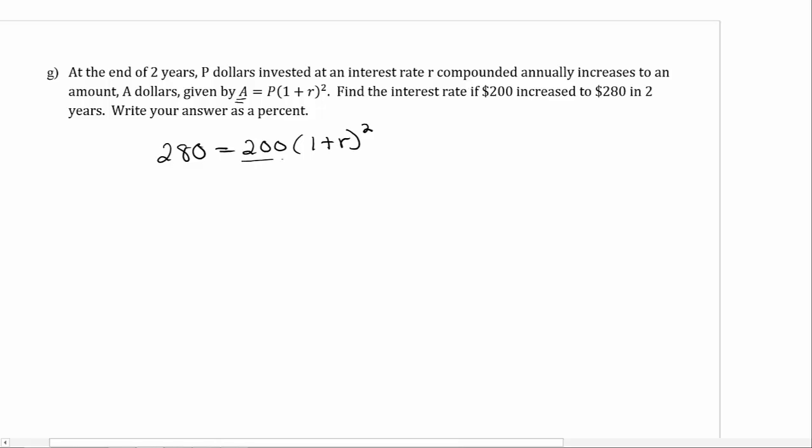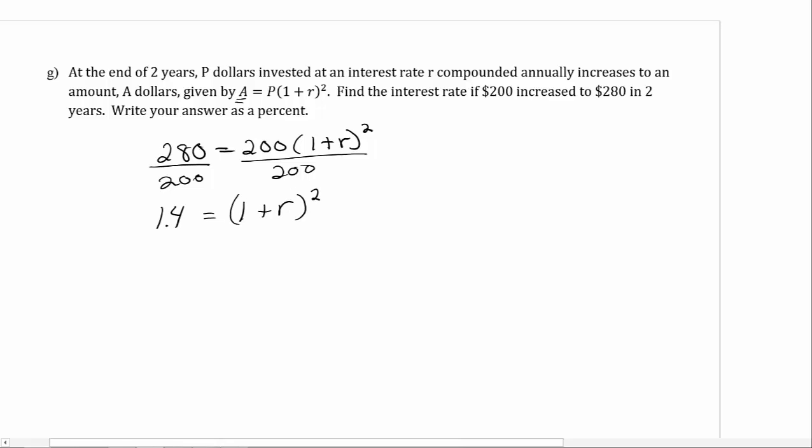So first we want to divide both sides by 200. And so we get, what would that be? 1.4? Yes, so we get 1.4 equals 1 plus R, the quantity squared.